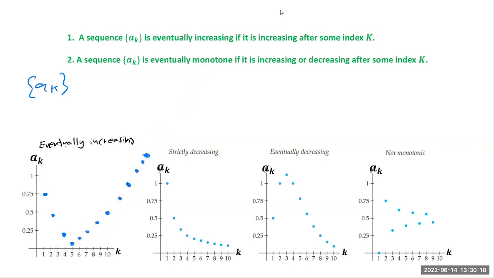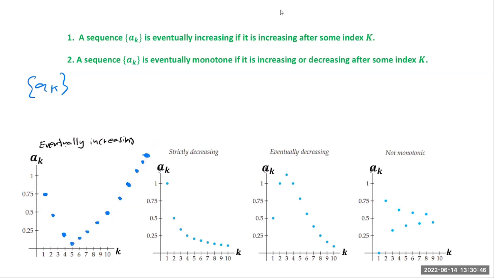If that is the case, we say that a_k is an eventually increasing sequence. Why eventually? Because it's not increasing initially. Initially for smaller k values, your a_k is decreasing. And then after some k values, it is going up forever. So we say that this sequence a_k is an eventually increasing sequence.